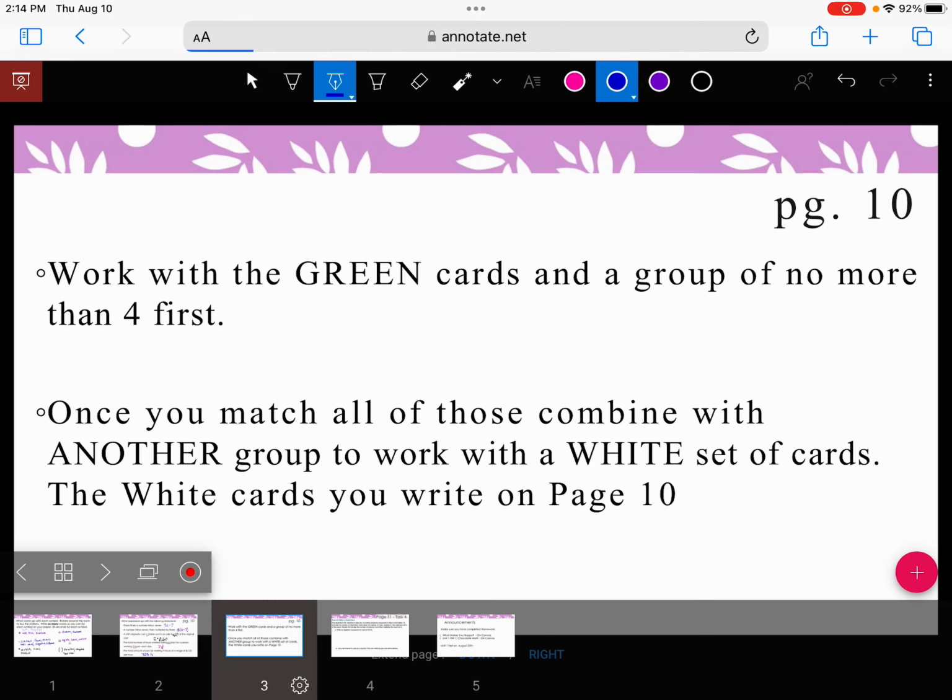It's weird. Plus 4. Oh, wait, we didn't find out.